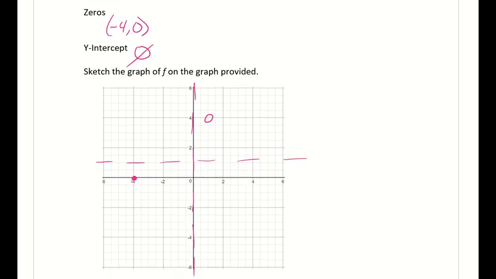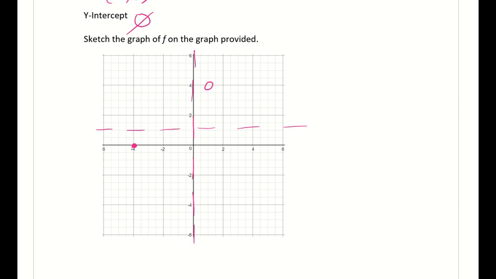So with this function, we have enough information to get a rough sketch of the graph. We know it's going to be close to the asymptote here, intersect this point, and then be close to the asymptote. The same thing's going to happen here. It's going to be close to the asymptote, intersect where it would intersect if we did not have a hole in the graph, and then get close to the asymptote.